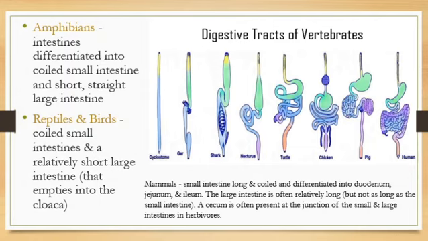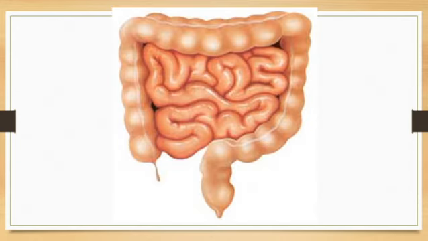But the intestines of humans have two major divisions. You have the small intestine and the large intestine. The small intestine is ideal for digestion, and the large intestine is ideal more for storage of waste. So this is the intestine of humans. It is highly coiled.